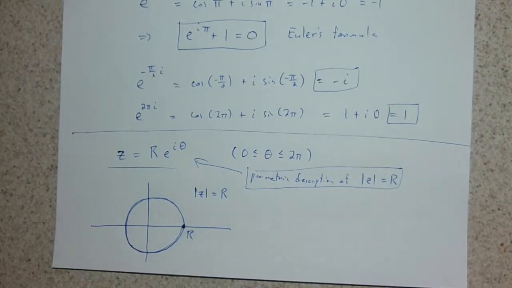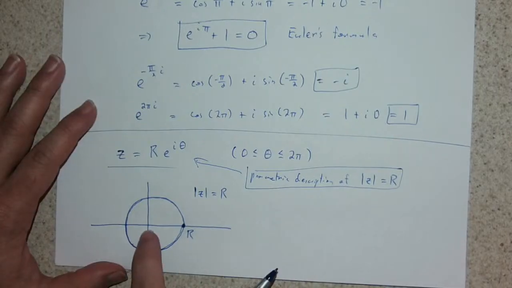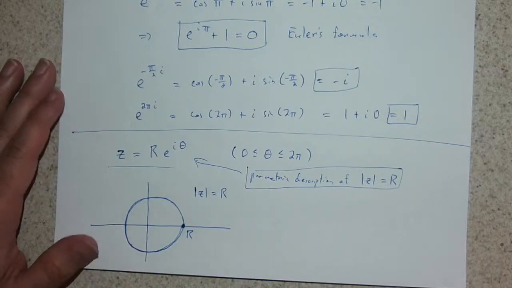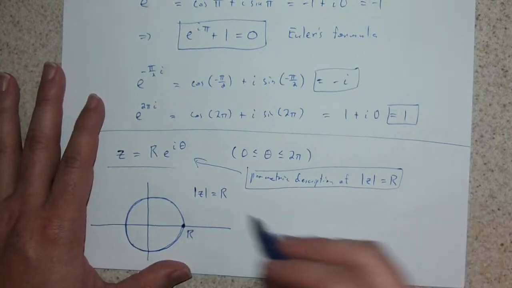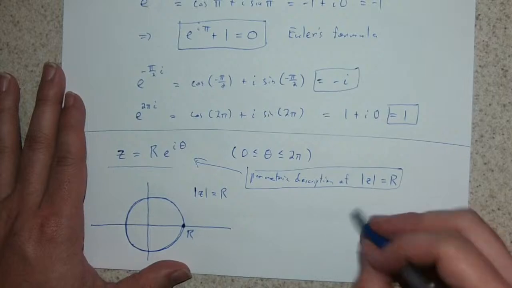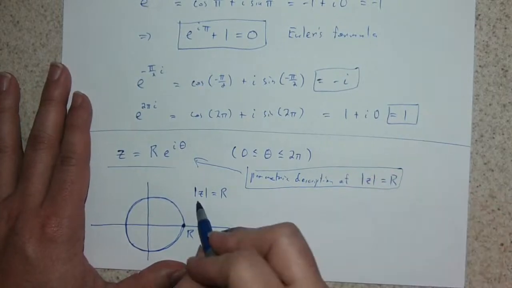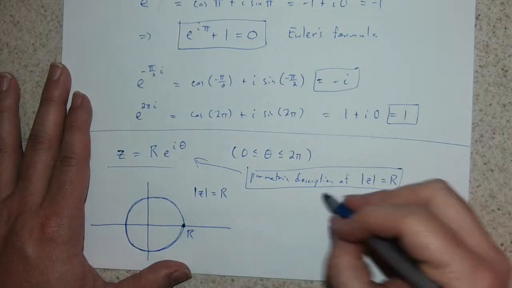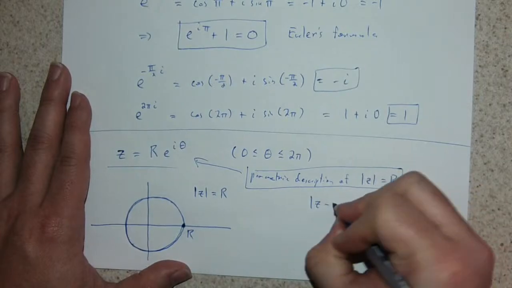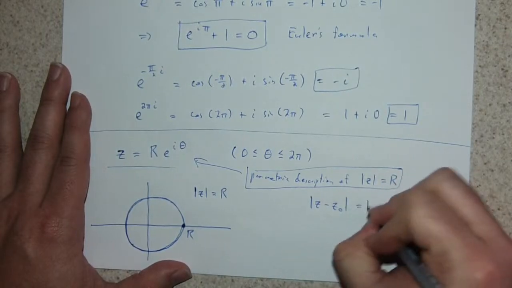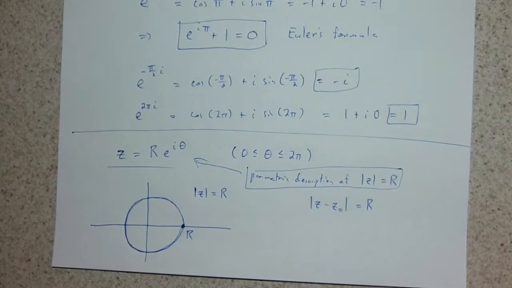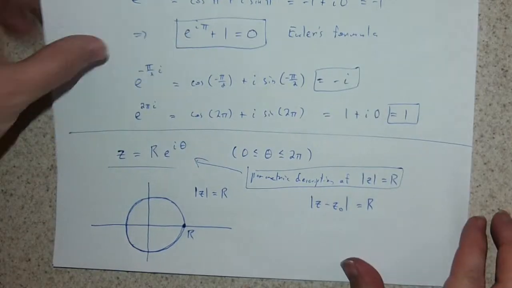And it doesn't take us too much thinking to take this from a circle of radius r centered at the origin to a circle of radius r centered anywhere. So how do I come up with a parametric description for that? Well, the idea is, instead of dealing with the circle modulus of z is equal to r, I'm dealing with the circle modulus of z minus z naught is equal to r, here's my generic circle centered at z naught of radius r.